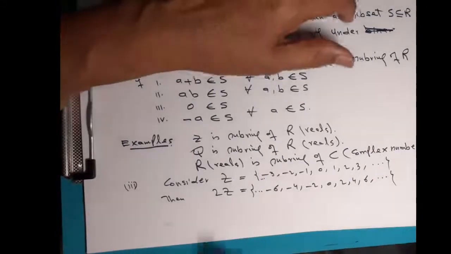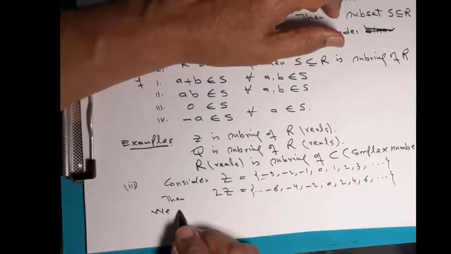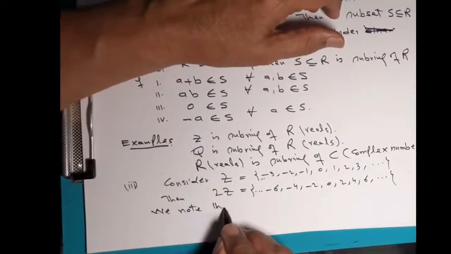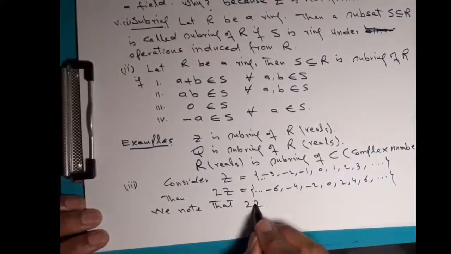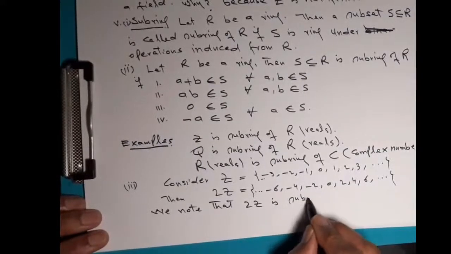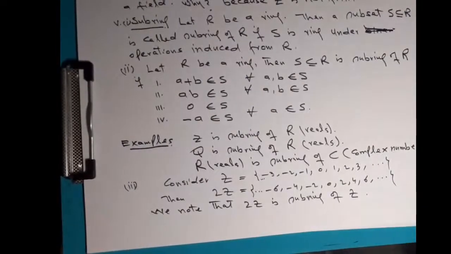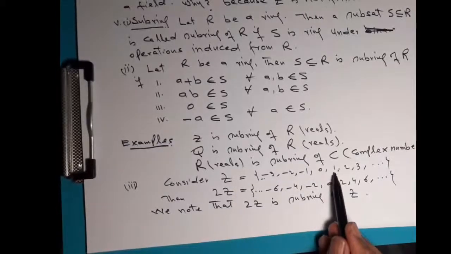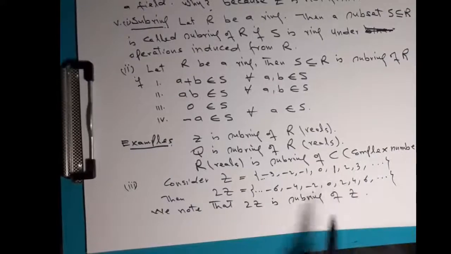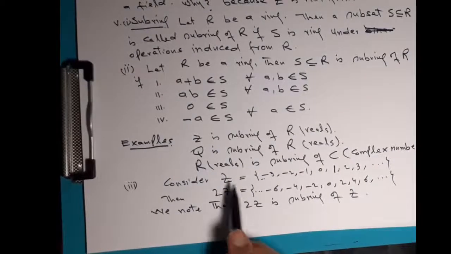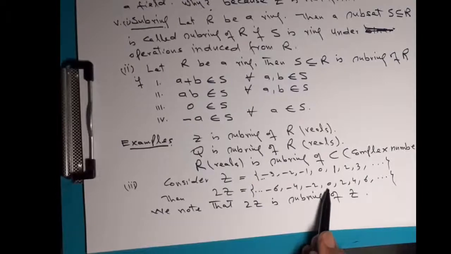You can see it very easily. So 2Z is a subring of Z. Just note one particular thing, that the ring Z contains multiplicative identity. But 2Z is a subring of Z, but it does not contain multiplicative identity.